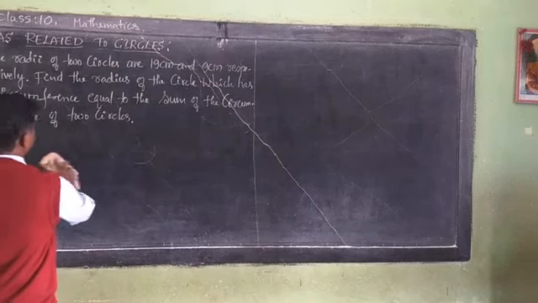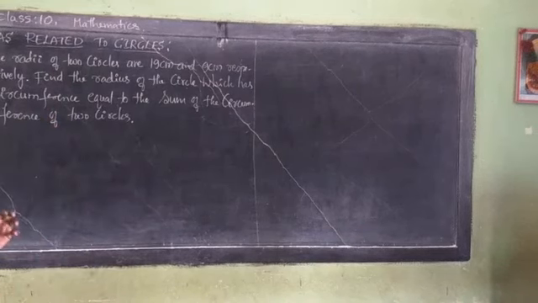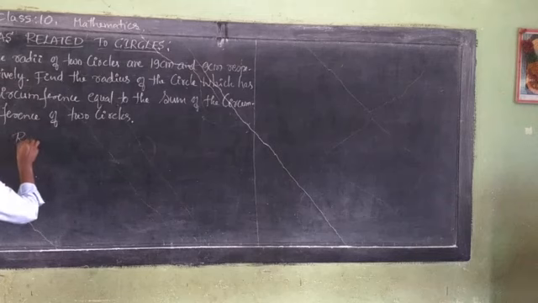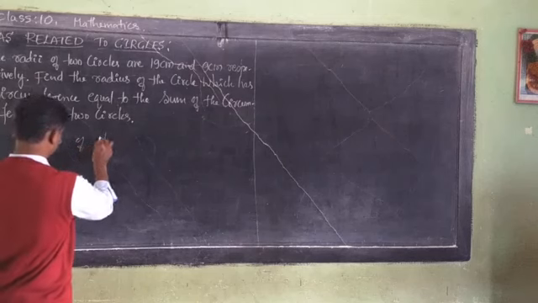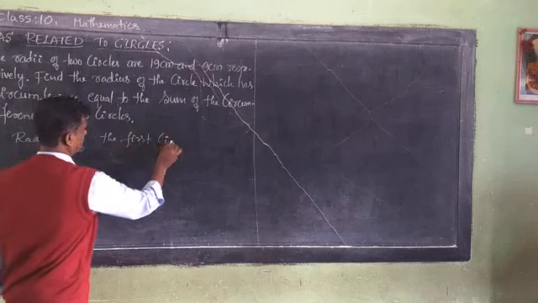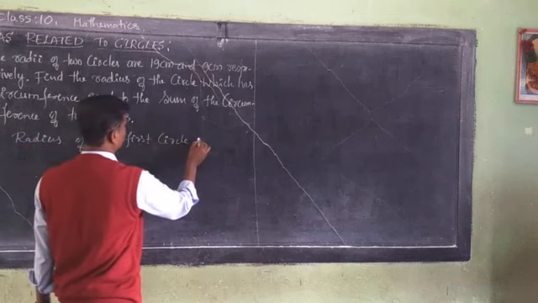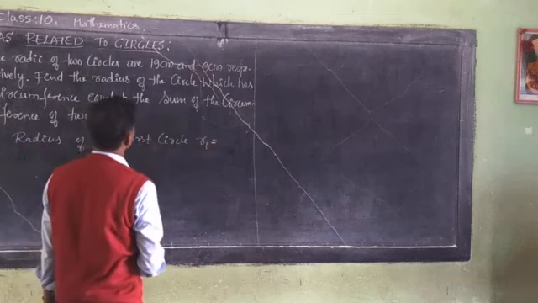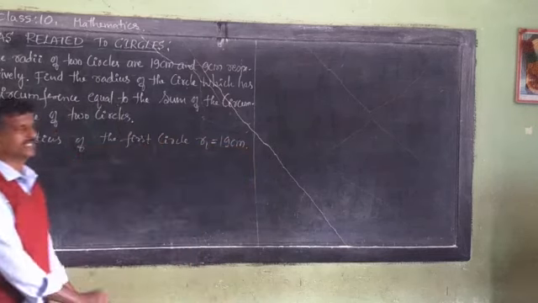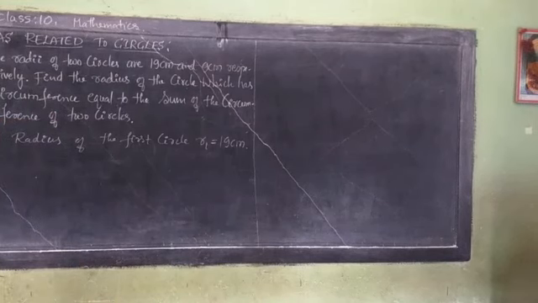First we have to find the circumference of the given circle. Radius of the first circle, we have to consider that as R1, that is 19 centimeter.